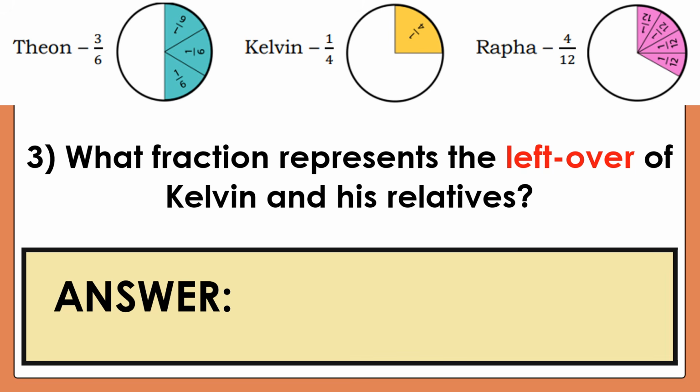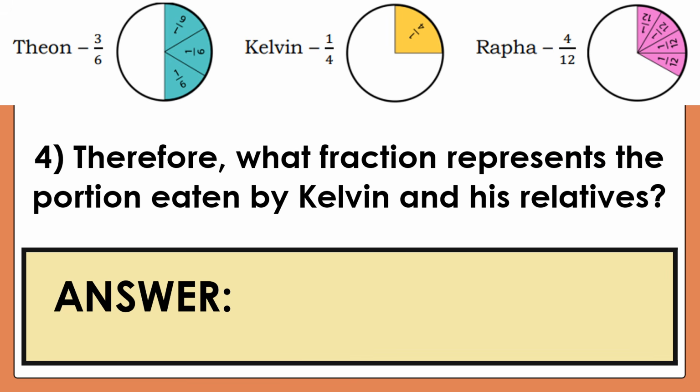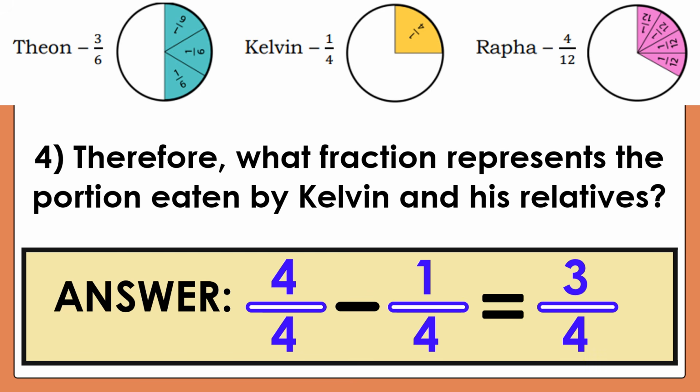Number 3, what fraction represents the leftover of Kelvin and his relatives? The answer, 1/8. Number 4, therefore, what fraction represents the portion eaten by Kelvin and his relatives? The answer, 3/4.